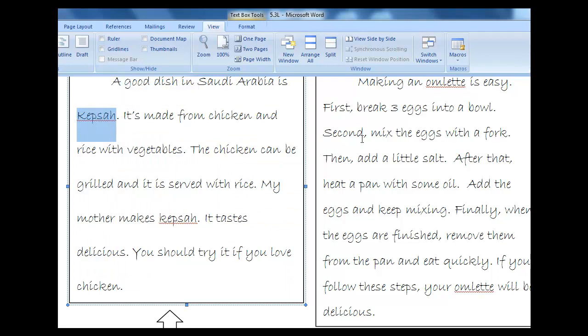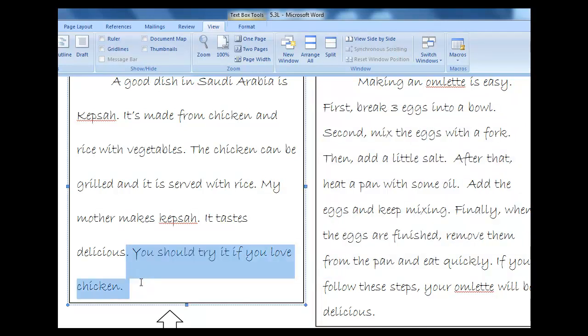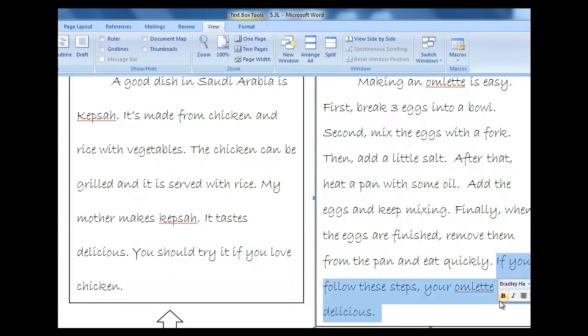Here, the middle part is explaining about this thing. What is this thing? Here, the middle part tells you how to do this. First, second, third, finally. Here, the last sentence is an idea about kebsa, our thinking about kebsa, our opinion about kebsa. Here it talks about the result. What are we doing? We're making an omelette.